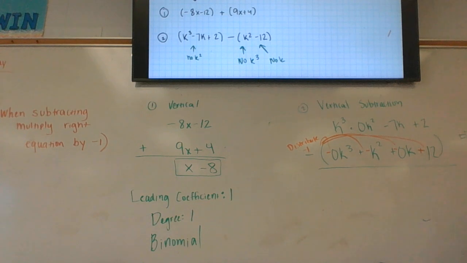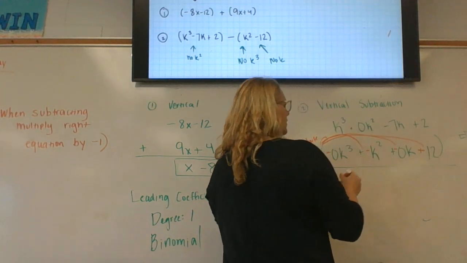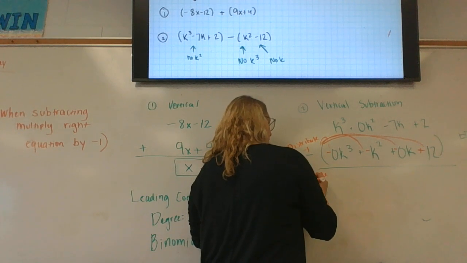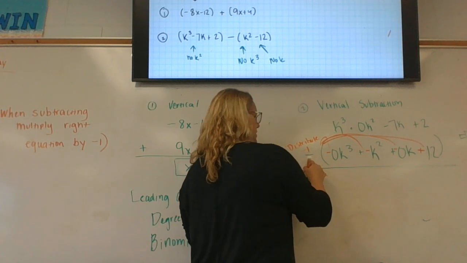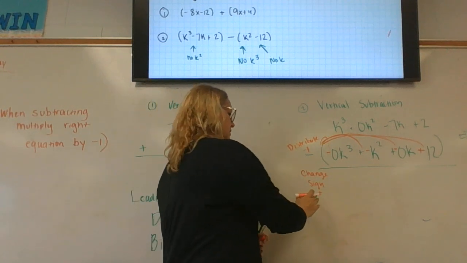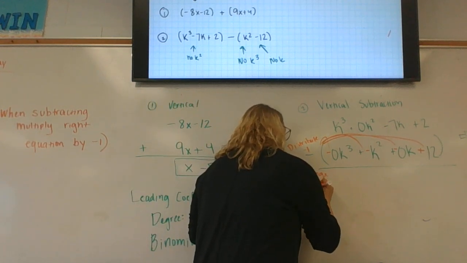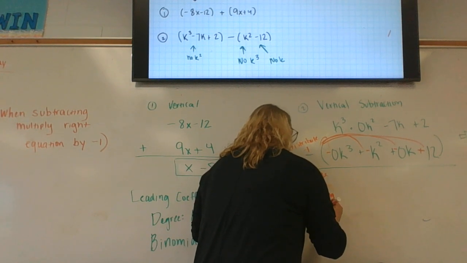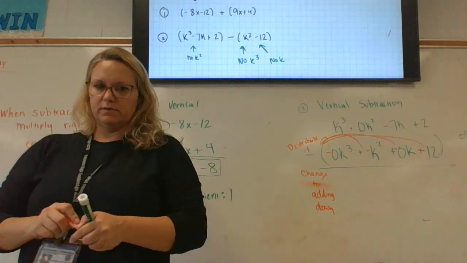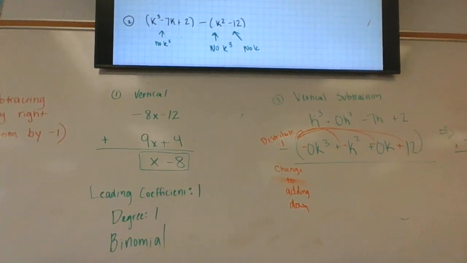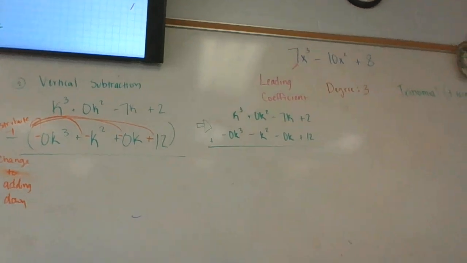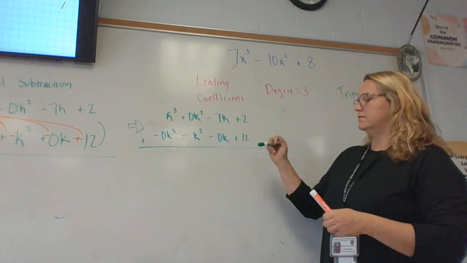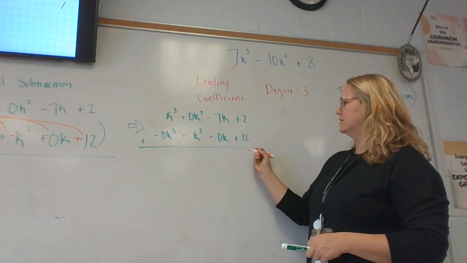So after you distribute this negative 1 through, you change that to adding down. Okay, so 2 plus 12 is 14.